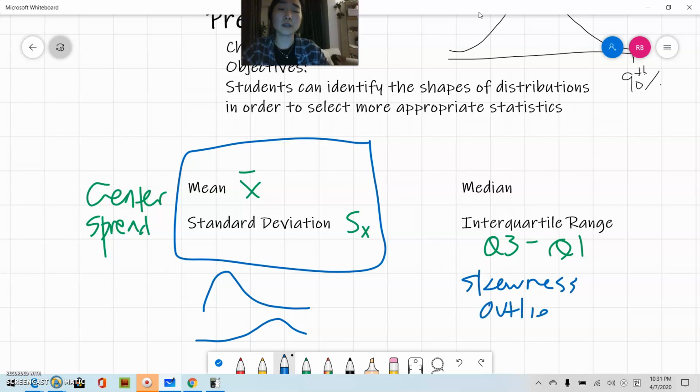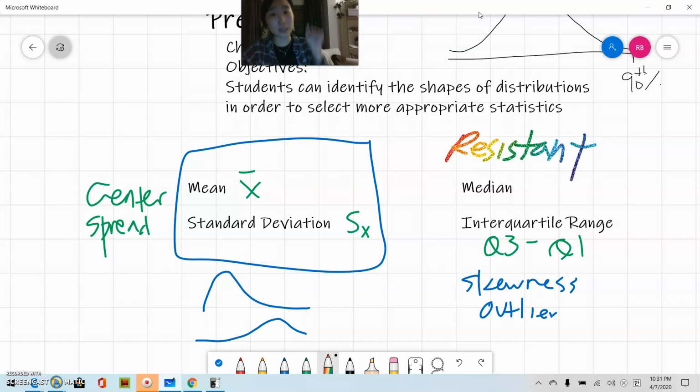Okay, so we're going to talk a little bit more about outliers. The term that describes this phenomenon is something called resistant. When we say resistant, it means that it's resistant to extreme values or skewness. So median and interquartile range are resistant statistics.